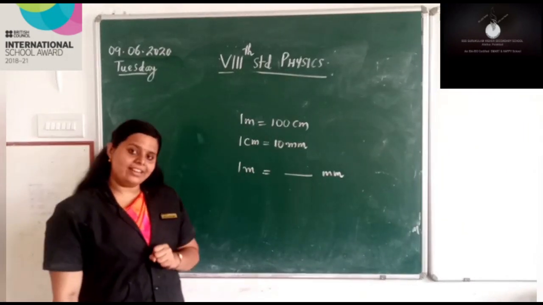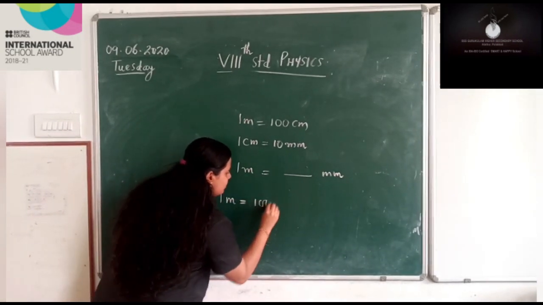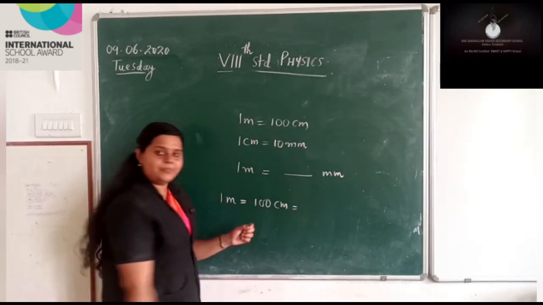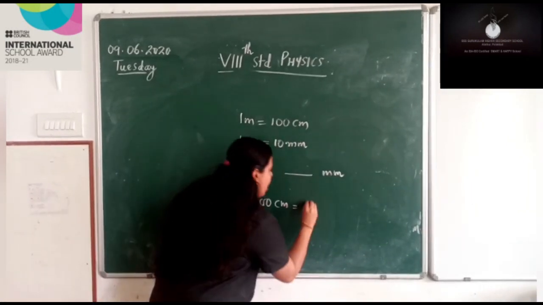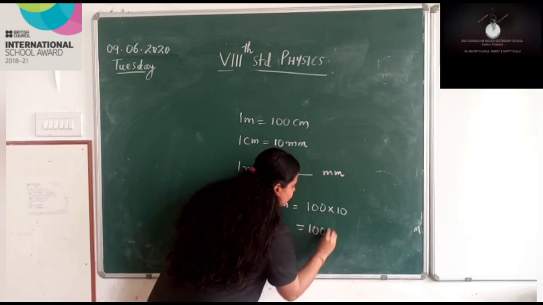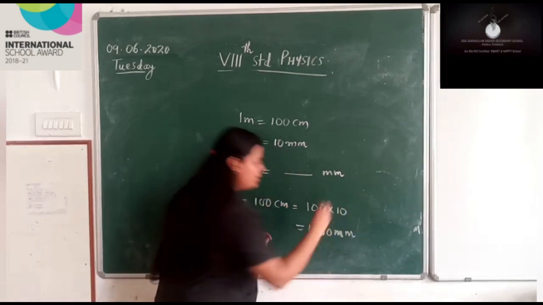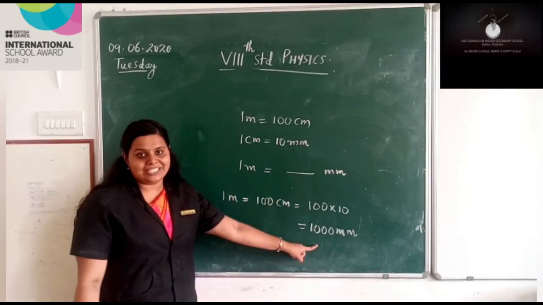So how will we find the answer? Listen, 1 meter is 100 centimeter and 1 centimeter is 10 millimeter. So 100 into 10 is equal to 1000 millimeter. So 1 meter is equal to 1000 millimeter.